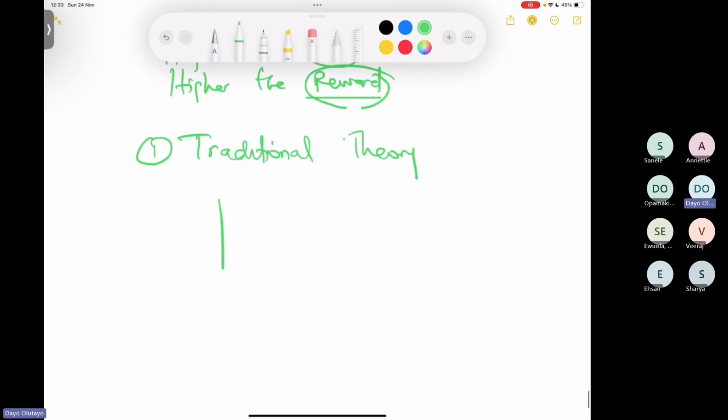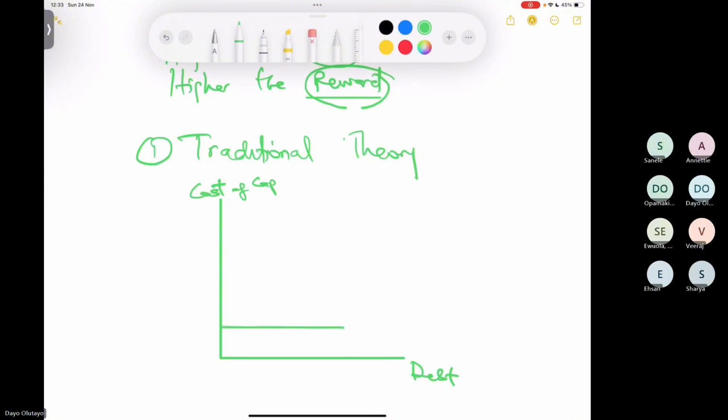And what is traditional theory talking about? It's looking like, okay, this is the cost of capital column, and this is debt. So traditional theory is saying that if you continue to take debt, your cost of debt continues to stay like that.